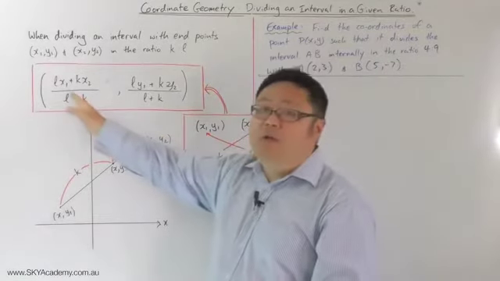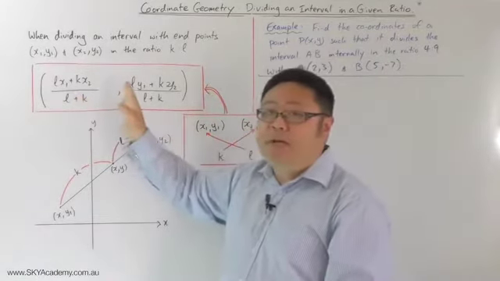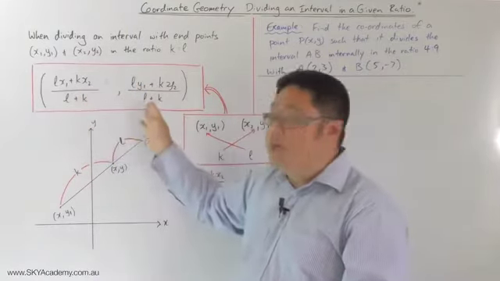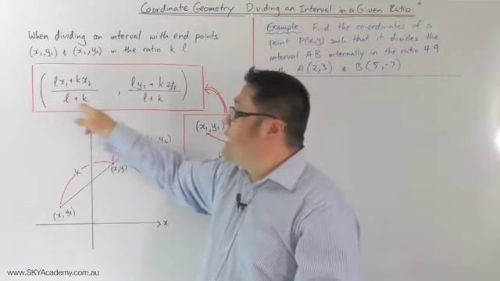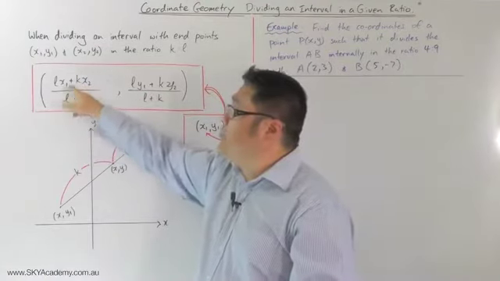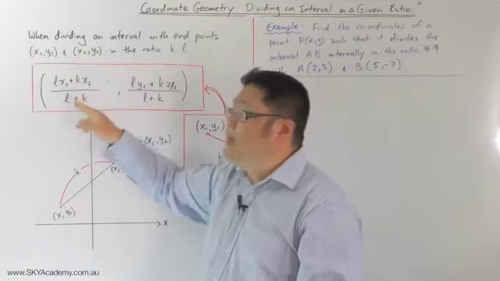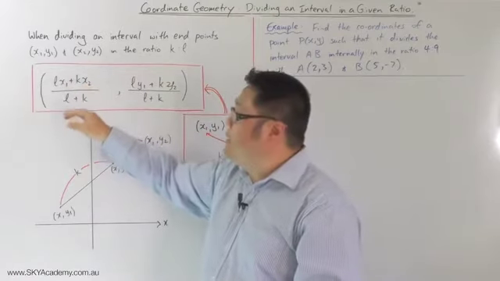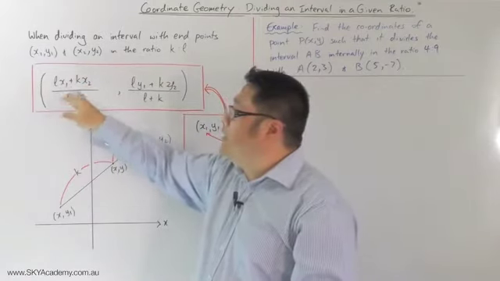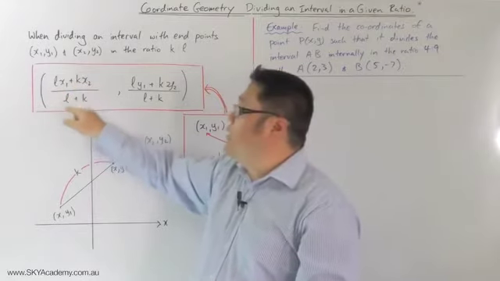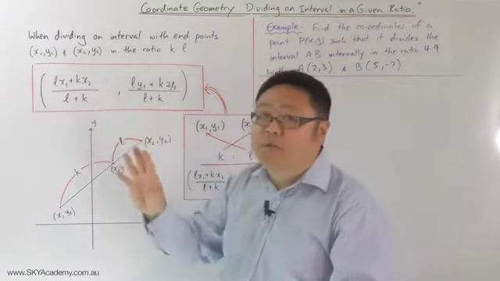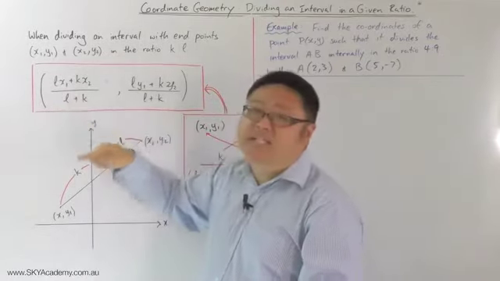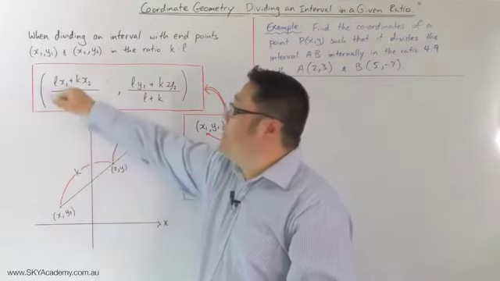When you saw me in the last episode, the formula was slightly different to what I have up here. The formula was K plus L, KX2 plus LX1. I wanted to bring this to your attention because if you're good with your basic arithmetic, you can see that L plus K is the same as K plus L, and vice versa.